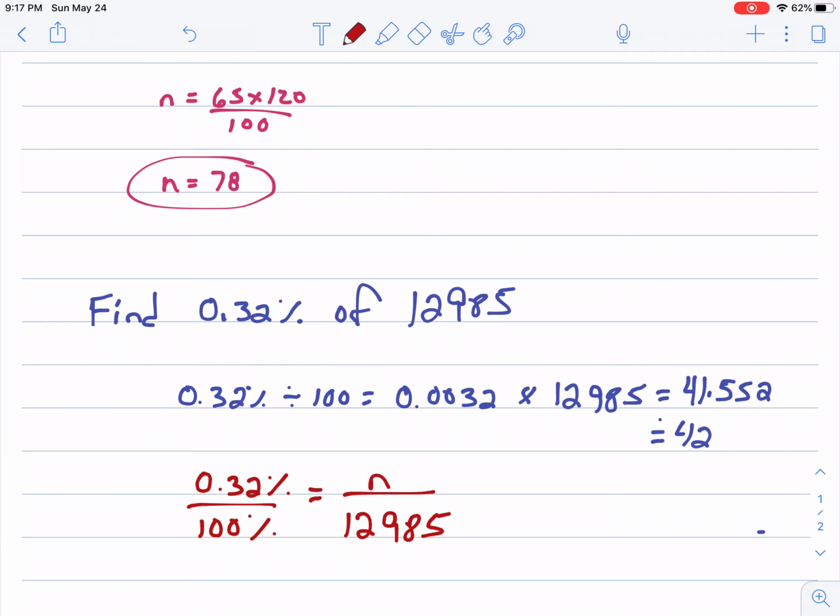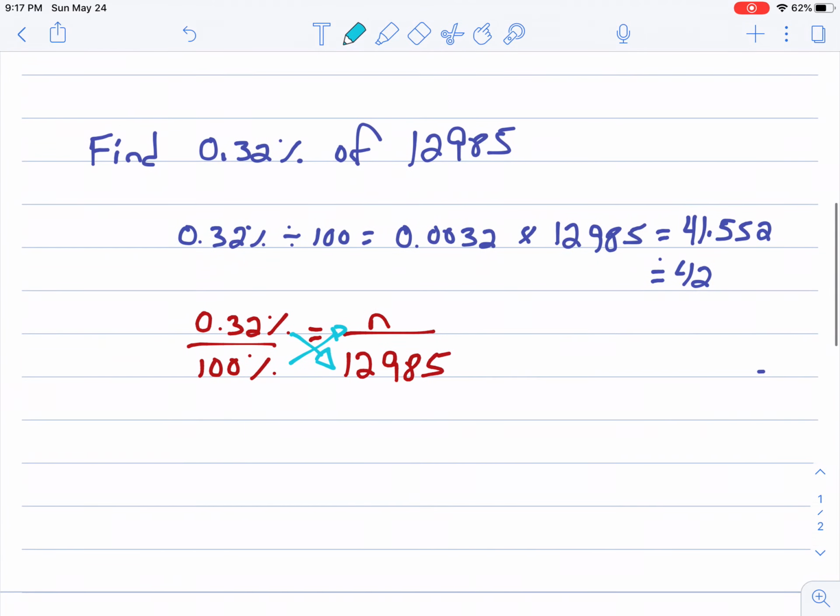And again, I'm just going to look at this as my cross multiplying, and I'm simply going to get 100 times n is equal to 0.32 times 12,985.